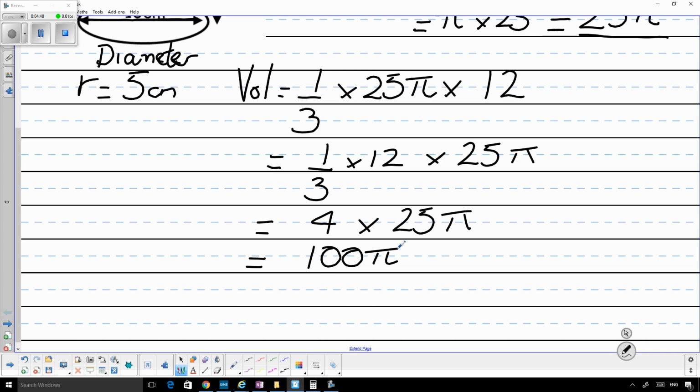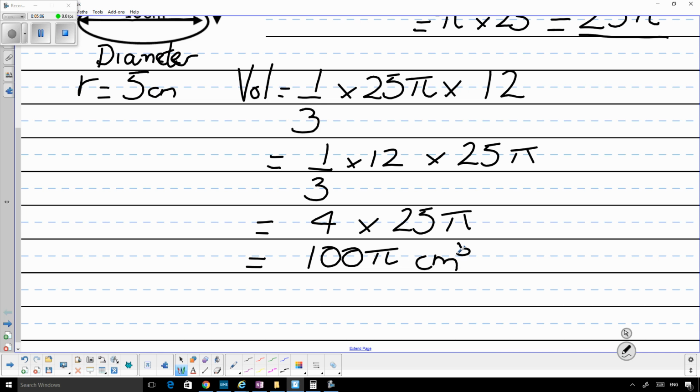Now, it depends what the question said. The question didn't give us any advice on whether to leave it in terms of pi or work it out. I'm going to say at this point, let's put centimeters cubed on. All the dimensions were in centimeters, and we know if we work out a volume, it's going to be in centimeters cubed.